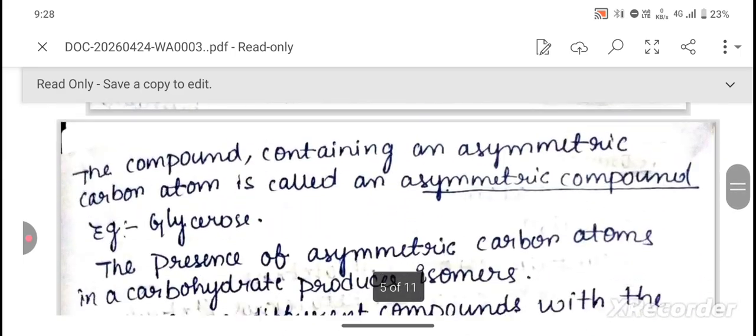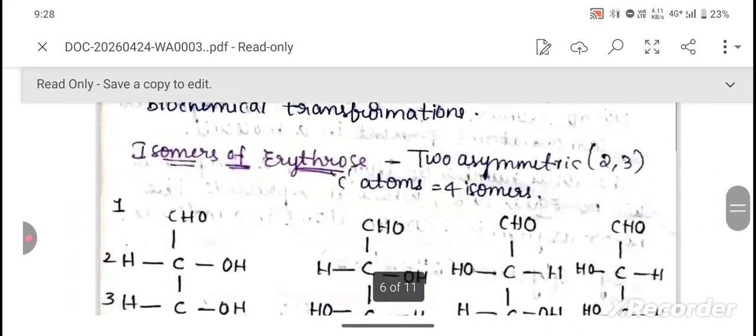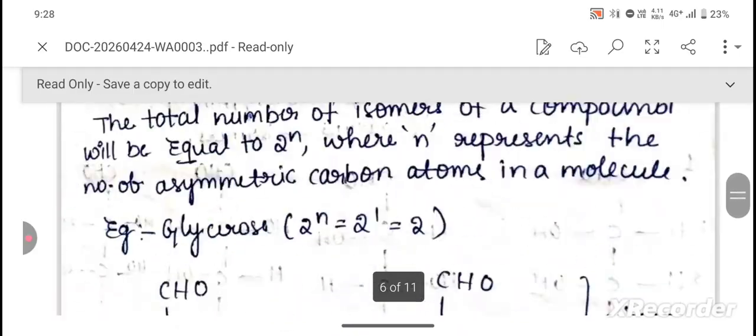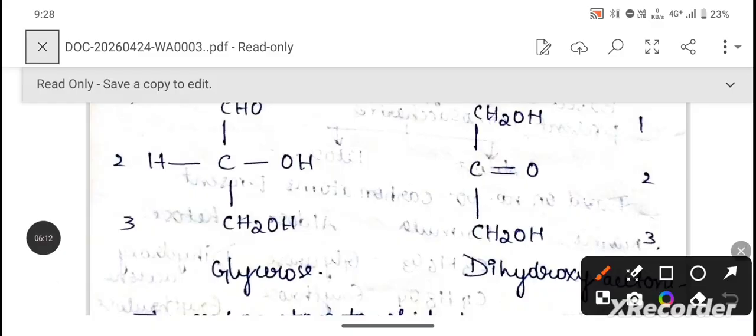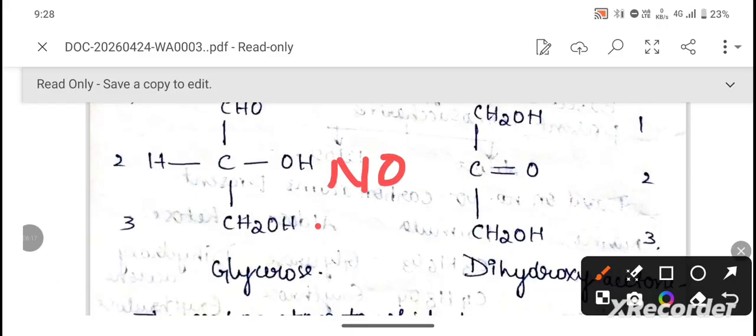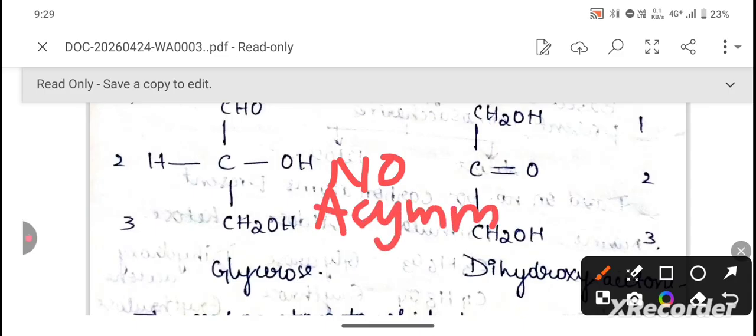If you observe the structure of dihydroxyacetone, no asymmetric carbon atoms are present, so there will be no isomer formation in dihydroxyacetone. If a molecule doesn't have any asymmetric carbon, it won't form any isomers.